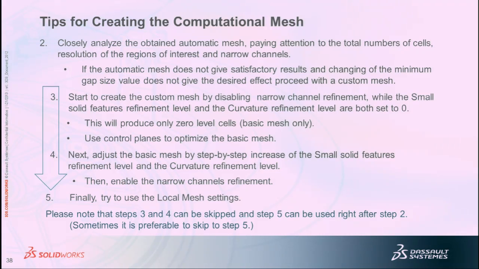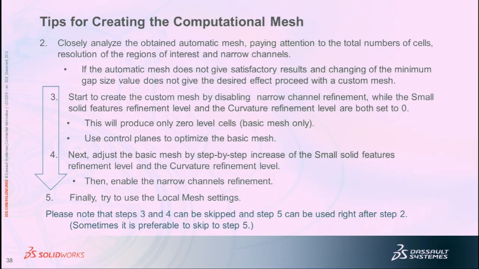So you start to create the custom mesh by disabling the narrow channel refinement and the small solid feature refinement. So what they're saying is when you go to the Flow Simulation initial mesh command, turn off the automatic settings, and then you have all those tabs. And they're saying to go in there and actually set the small solid feature refinement and the curvature refinement to 0.